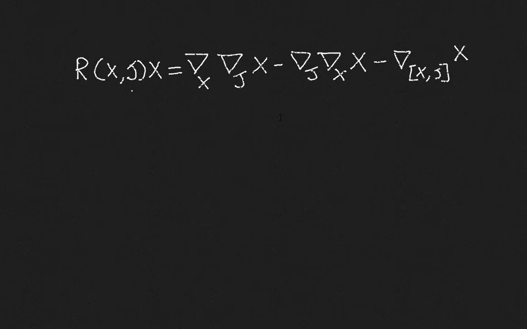Now, we know that this is 0, and if we do a covariant derivative along a vector field which is null, we get 0. And we know that this is 0 because the curves are geodesics.